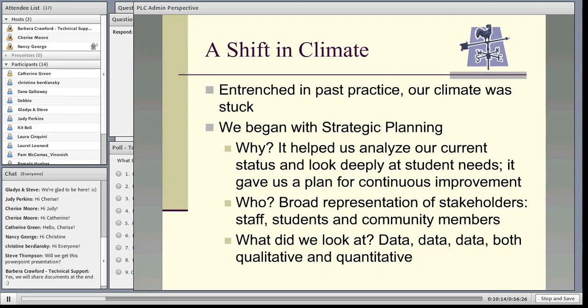So that's the background of where we started from, and this is what staged us to then work on really shifting the patterns at our schools to be better meeting the needs of the students.